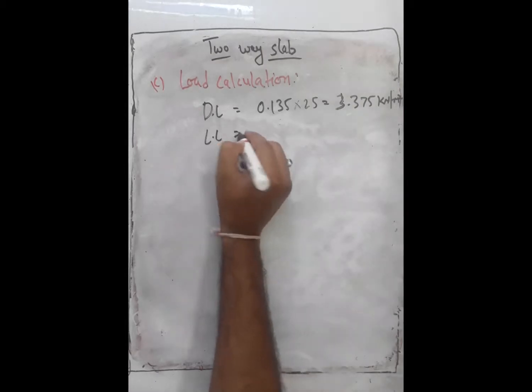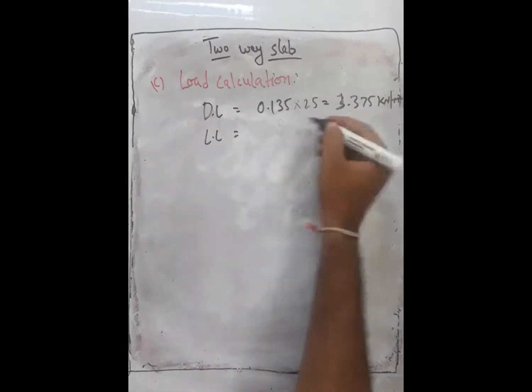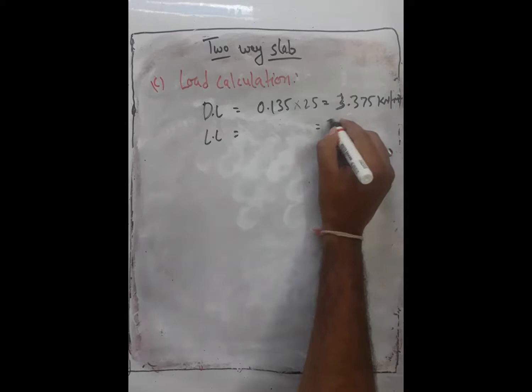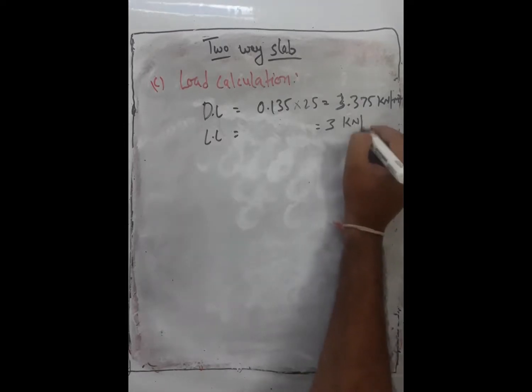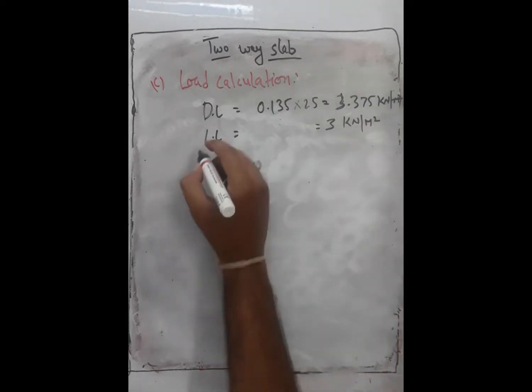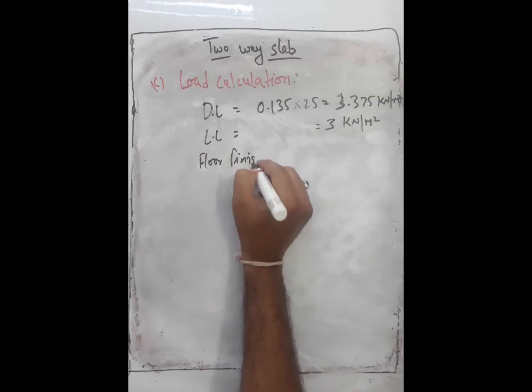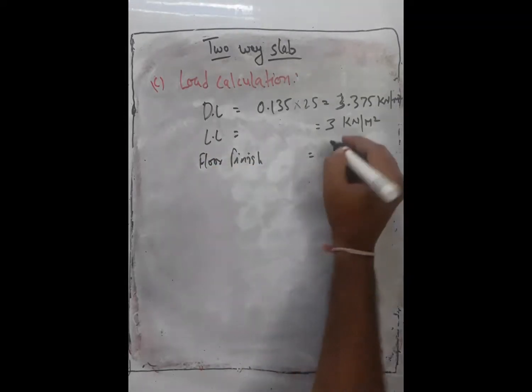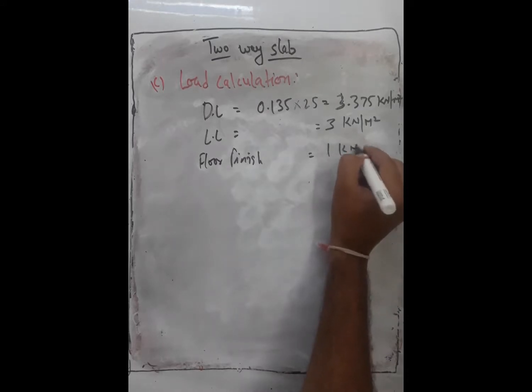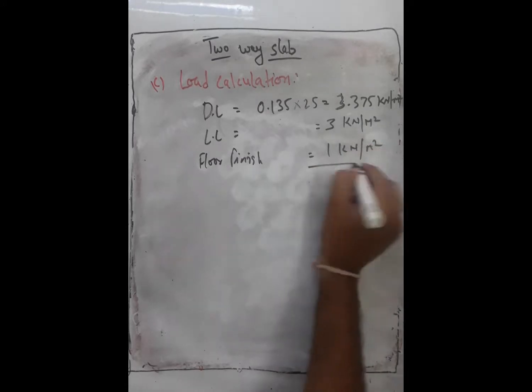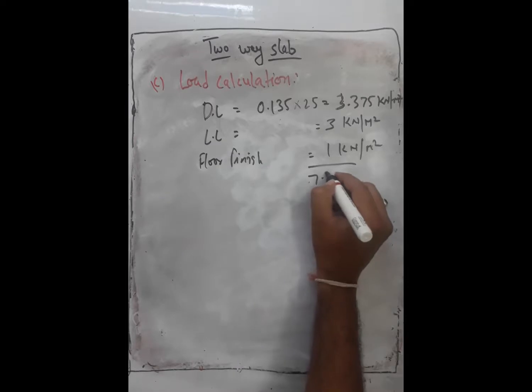Live load we have given 3 kilonewton per meter square, and floor finish is 1 kilonewton per meter square. So total is 7.37.